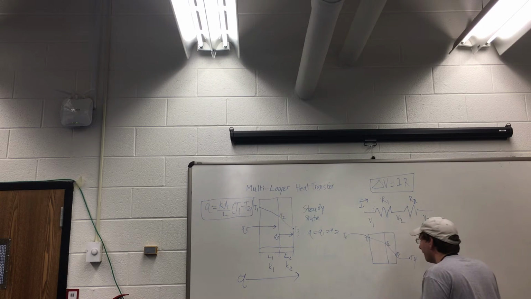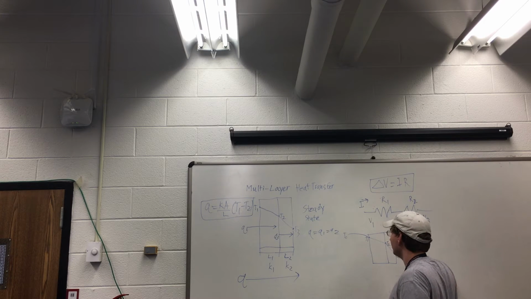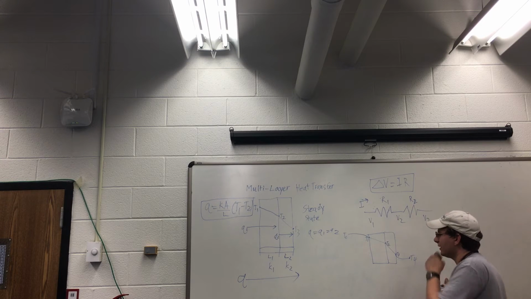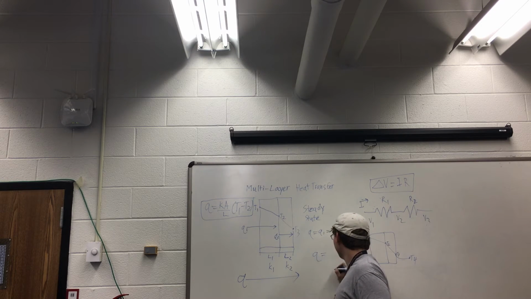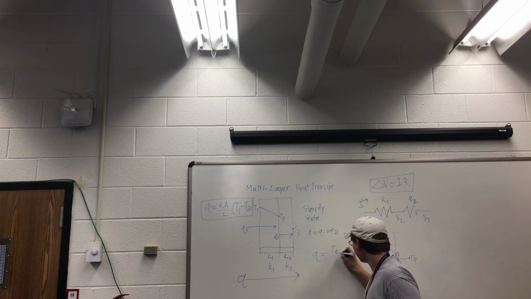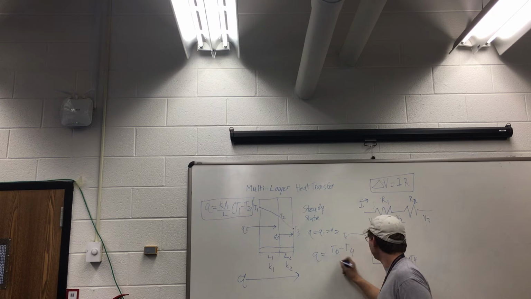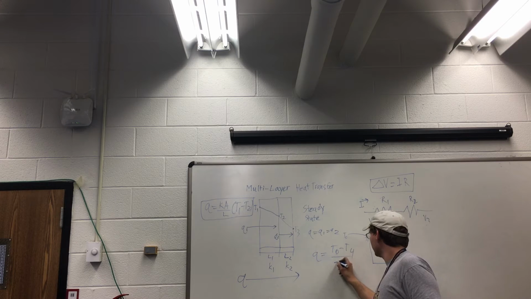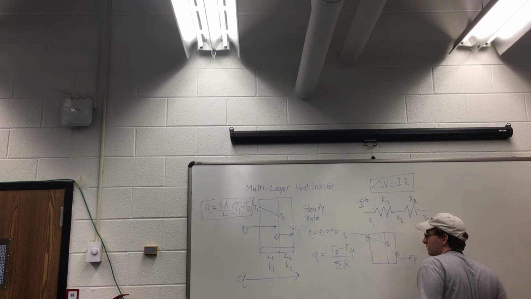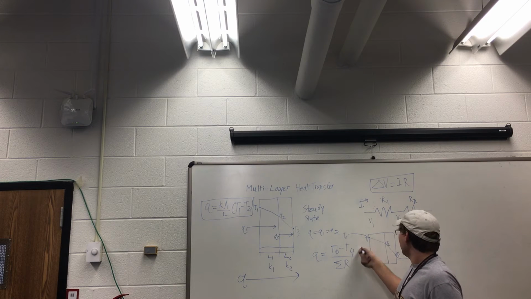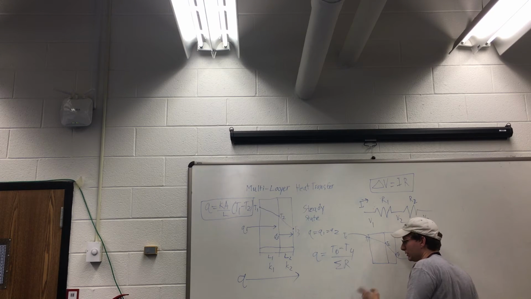So, oh dear, I didn't write that down, but basically what we just found out was that the general case is that the heat flow is equal to the temperature difference divided by the sum of the resistances.